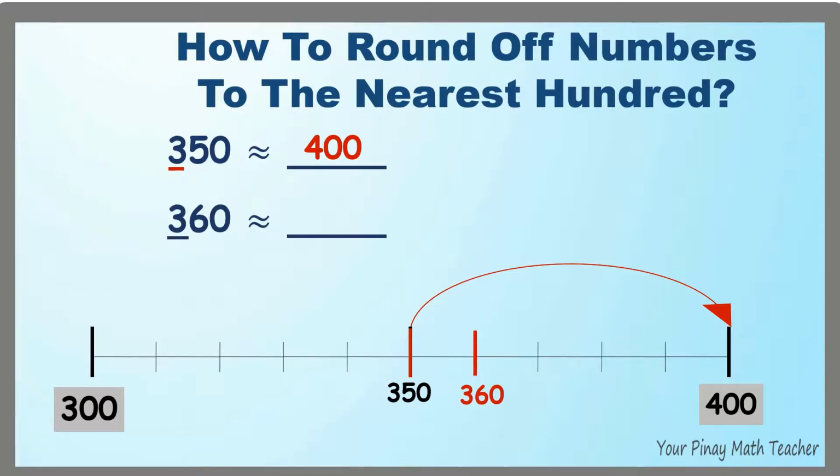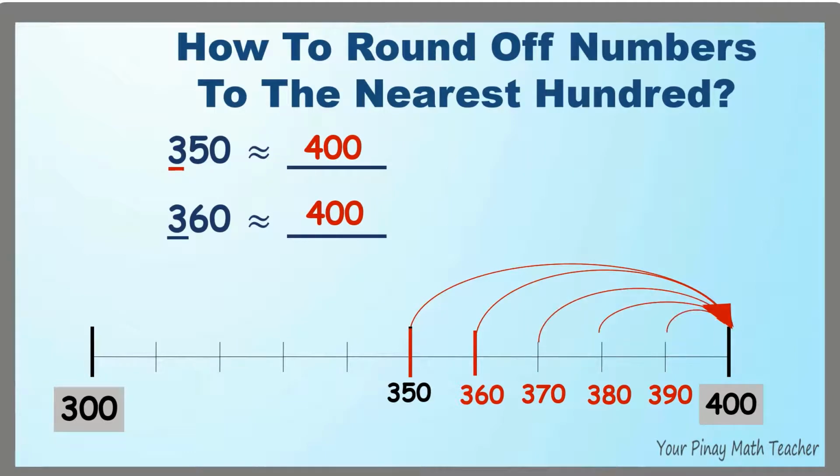How about 360? Yes, it is rounded off to 400 because it is nearest to it. How about 370, 380, 390? Yes, they are rounded off to 400. What if we have 340?